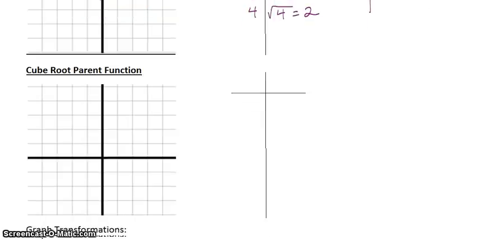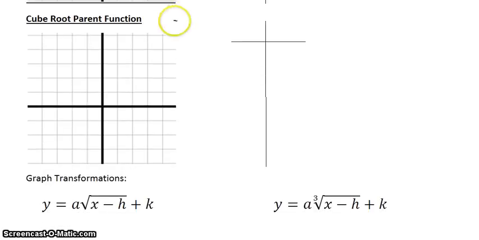The other one we're going to do is the cube root function. So y equals the cubed root of x is my parent function. And notice for a cube root, we actually can take the cubed root of a negative. So when I try to start with negative 3, for example, it is going to be possible.